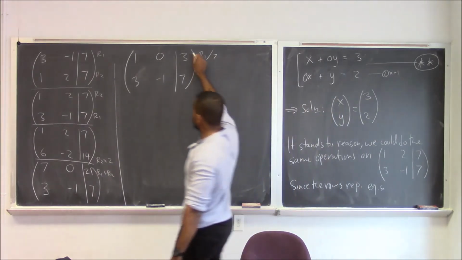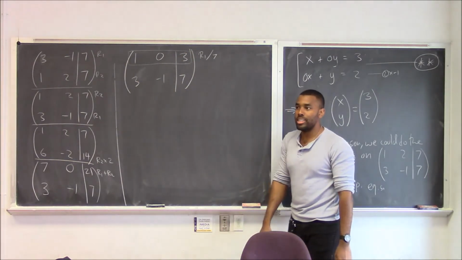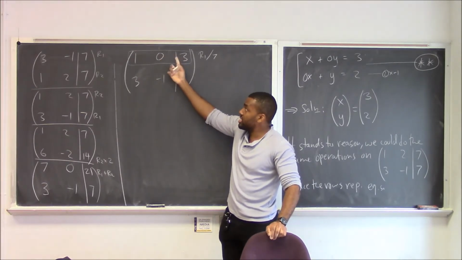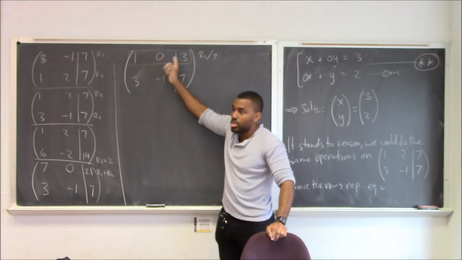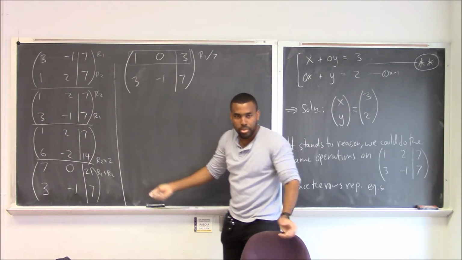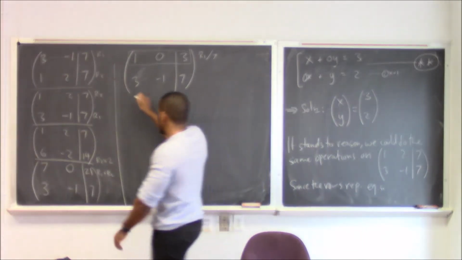And notice that this was a very nice form to have a row in, right? Because that's telling me the coefficient of x is 1, the coefficient of y is 0, and this is the equal sign, and that's a 3, right? So having a 1 and a 0 everywhere else in the row is kind of a nice thing to have, okay? So we could have stopped there and solved the system, but we continued.